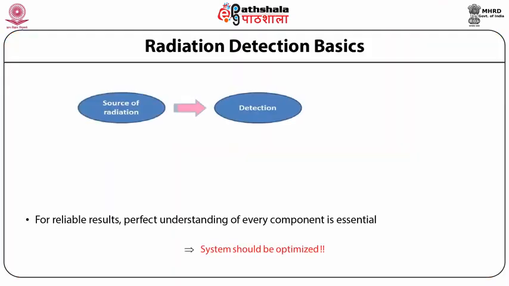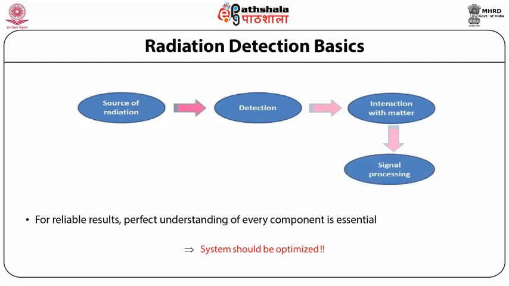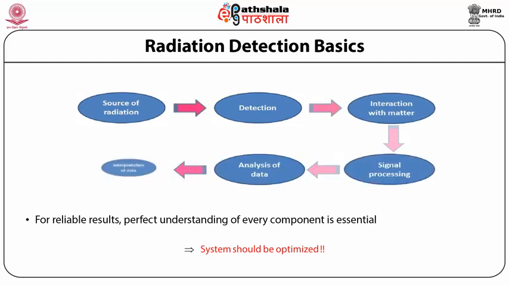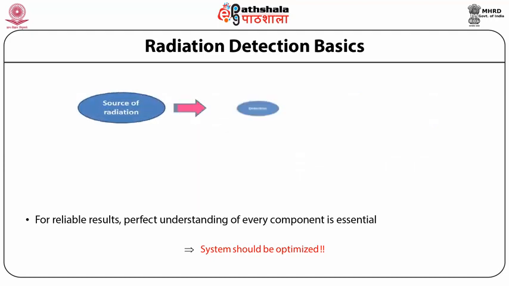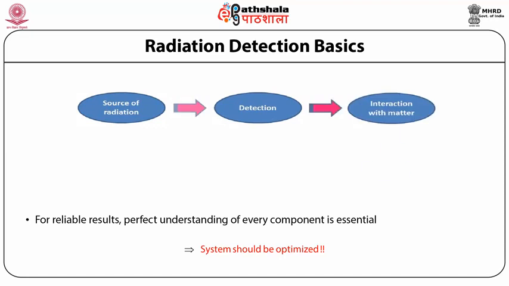Radiation detection basics. In this slide, a block diagram is given. This is the block diagram of a nuclear physics experiment. Firstly, there is a source of radiation. The source can be a radioactive source or radiation coming out from some experiment.